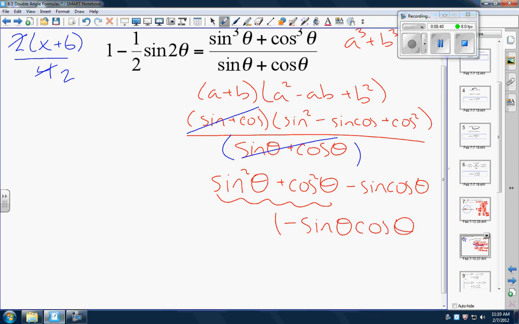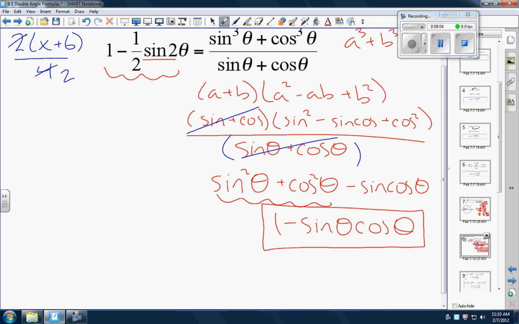Now, there's definitely nothing more you can do from here. Okay, there's no Pythagorean identities, there's no more factoring, there's no more real substitutions. So you've turned that entire side into a 1 minus sine cosine. Somehow, you got to get this side to do the same thing. Okay? You see a double angle here, so go to your yellow sheet and see what you can plug in for it.